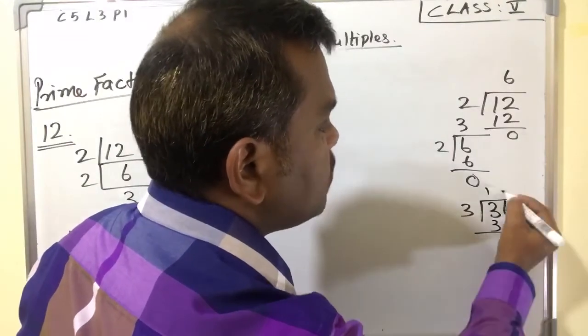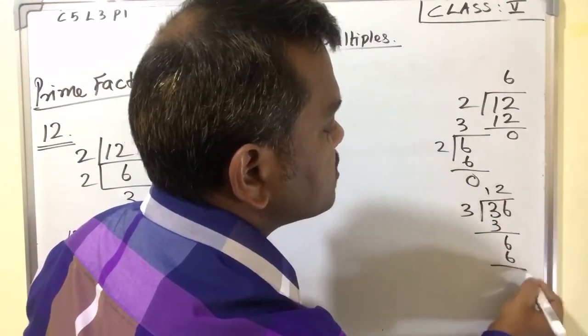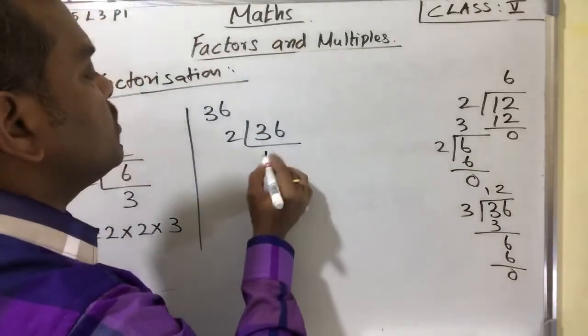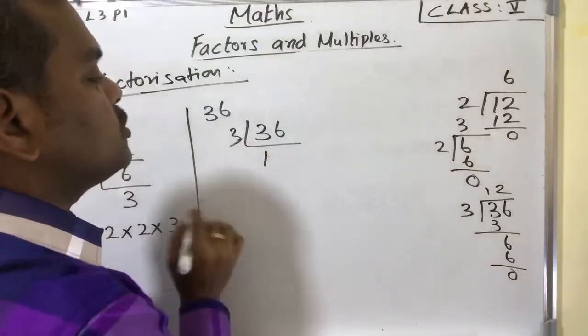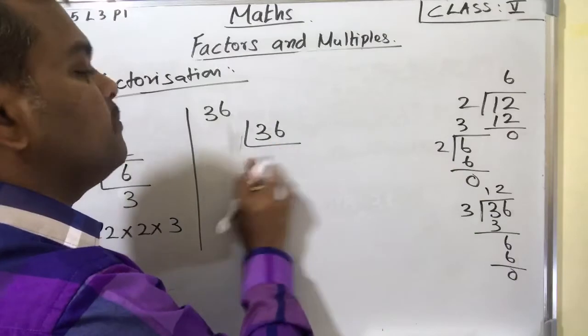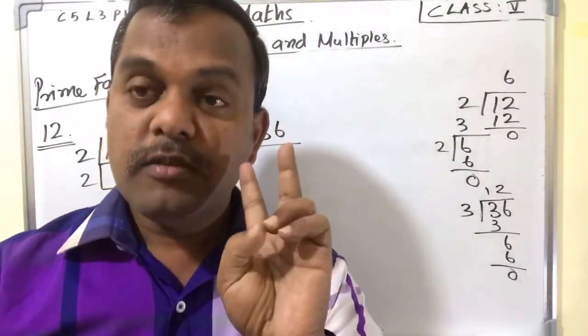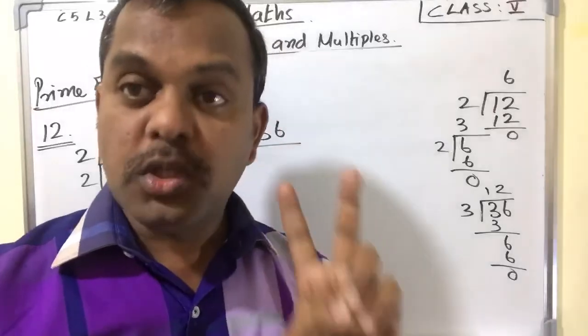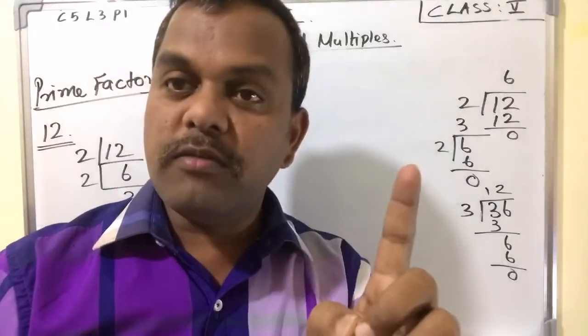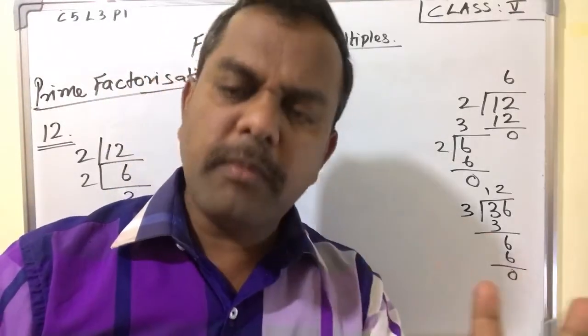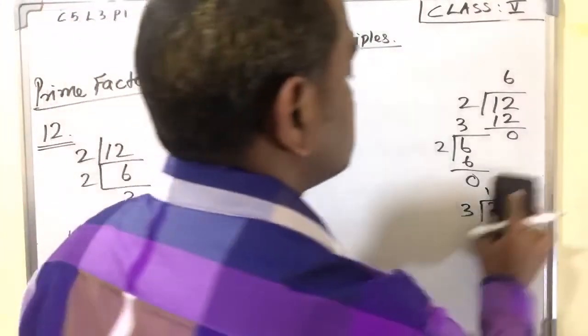Bring this 6 down, 2 3s are 6, 0. We can divide with 3 also, but this method is wrong. If it is possible, you have to divide with the lowest prime number only. So check with 2 only.